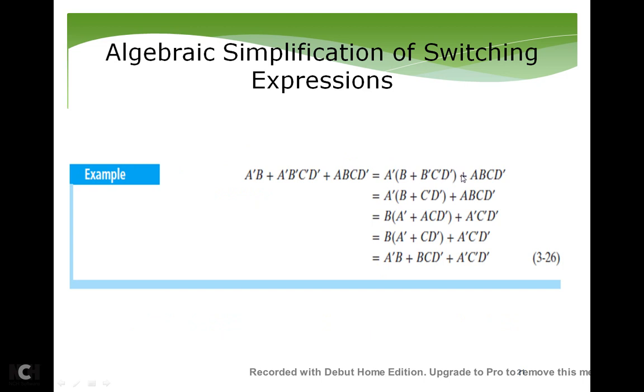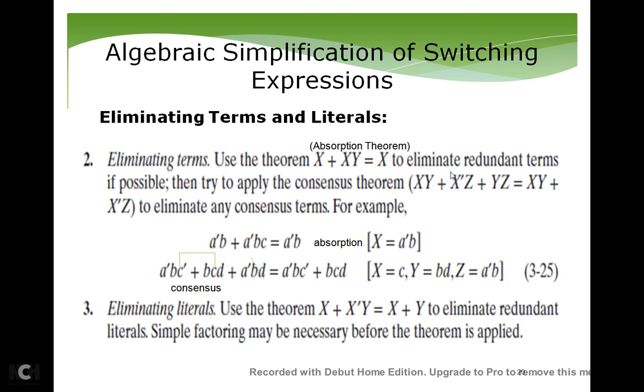Example. I'm going to use this successively to reduce this expression. So first factor out A prime. What do you see? B or B prime CD. Now, by what's it called again? It doesn't matter. What's that theorem called again?